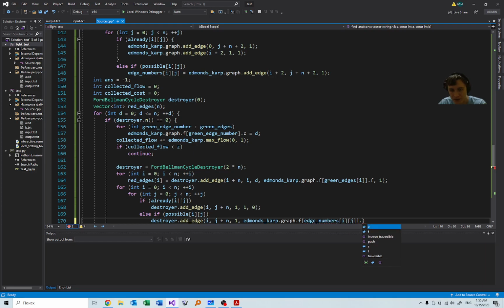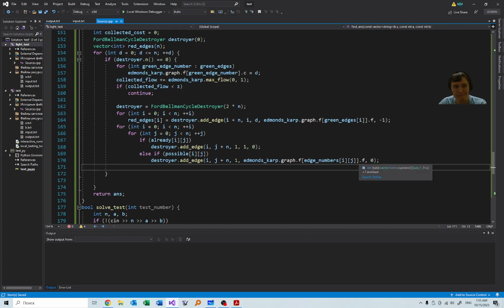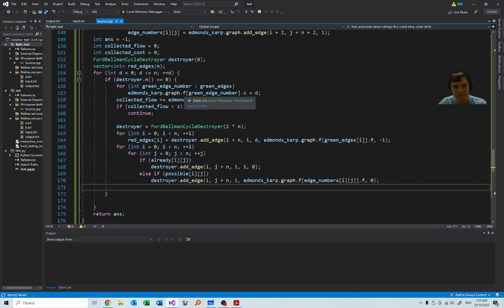Now we here look into the flow, and finally 0. Actually here the cost is -1. I want to find the min cost. Great, I have constructed this thing, and the collected cost is -z.